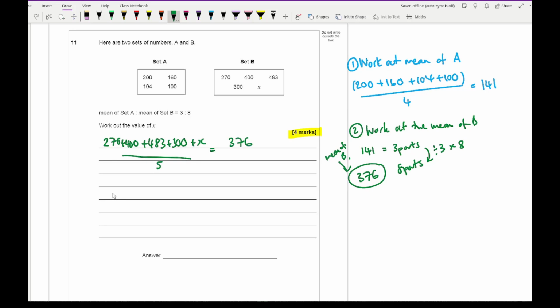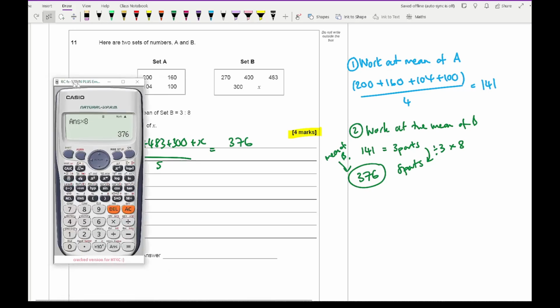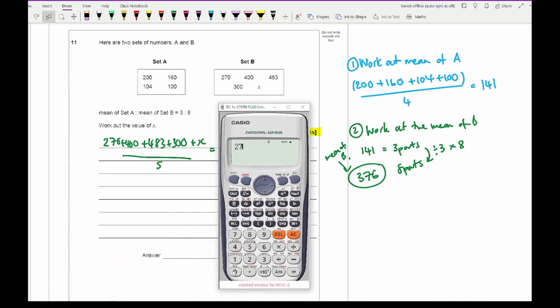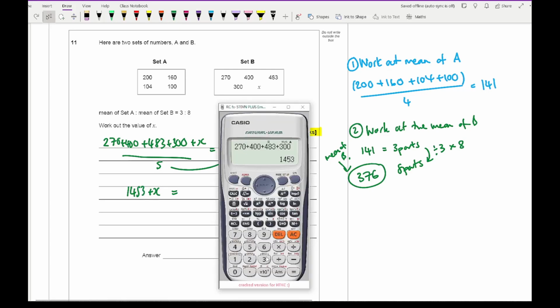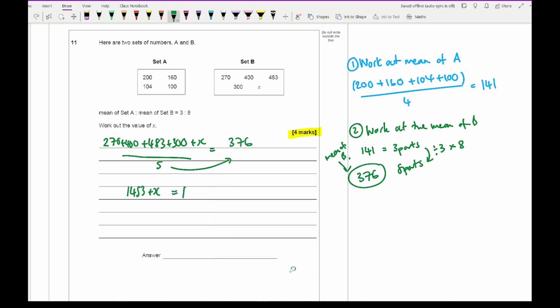So what I need to do now is rearrange and simplify this expression. So first of all, let's add up what those 4 numbers add up to. So I've got 270 plus 400 plus 483 plus 300 equals 1453. So 1453 plus x equals, and if I take the 5 over to the other side, I'm going to get 376 multiplied by 5, and that gives me an answer of 1880.